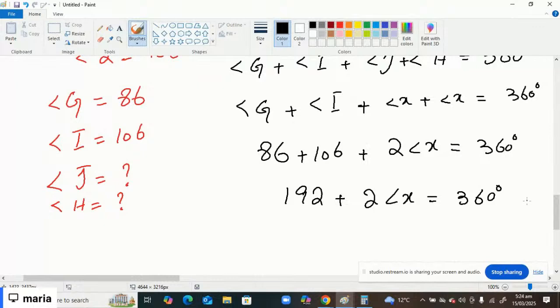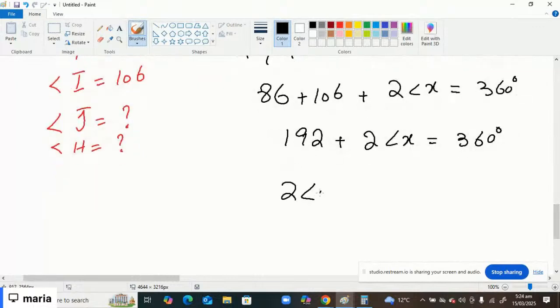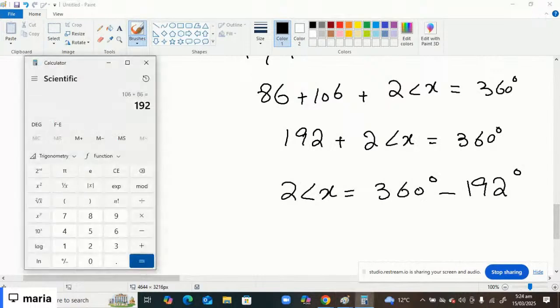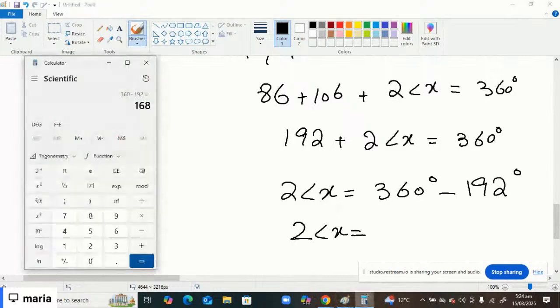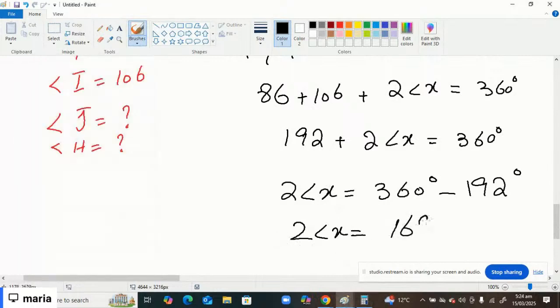Now 2 angle X is written here, 360 minus 192 degrees. 360 minus 192, this is 2 angle X, which is equal to 168.